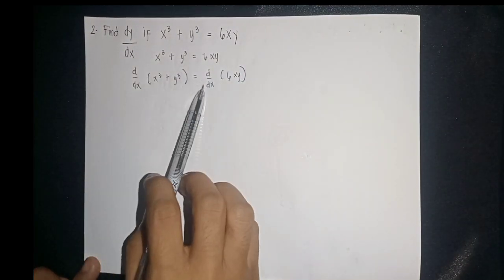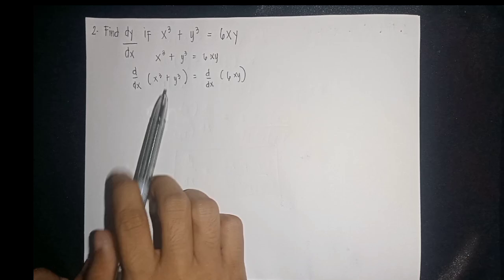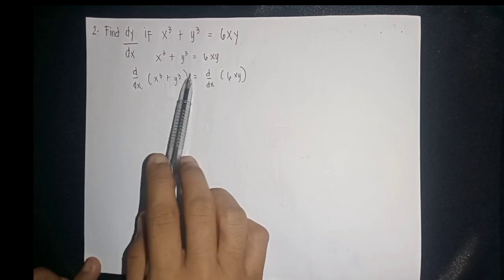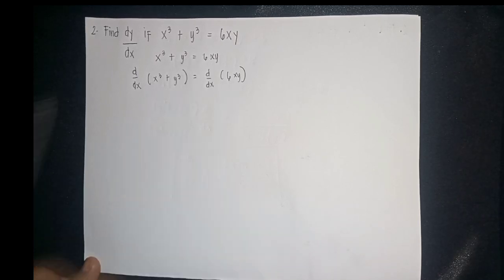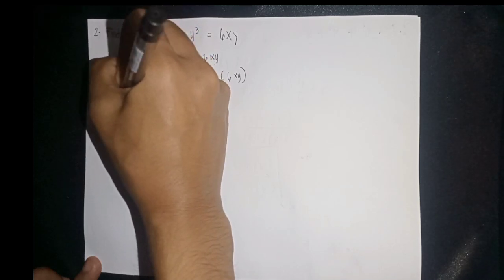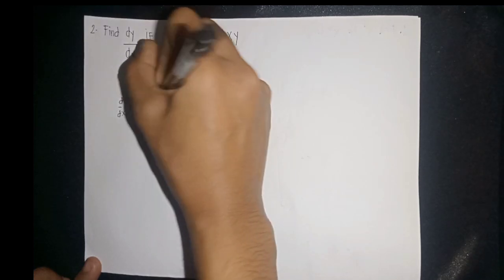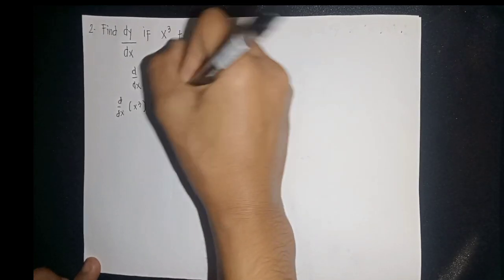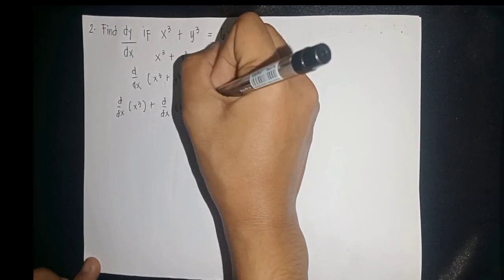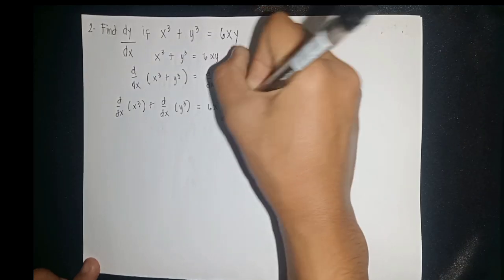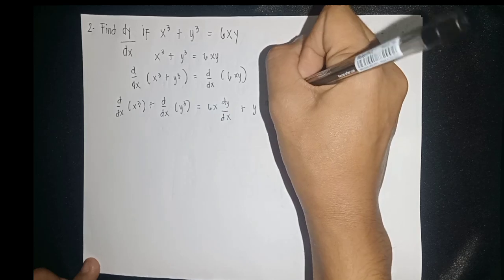By this, we need to separate these inside functions, which are x cubed plus y cubed, because these variables are different, so we have to differentiate them separately. We need to write the derivative of x cubed before we differentiate, in a split form.